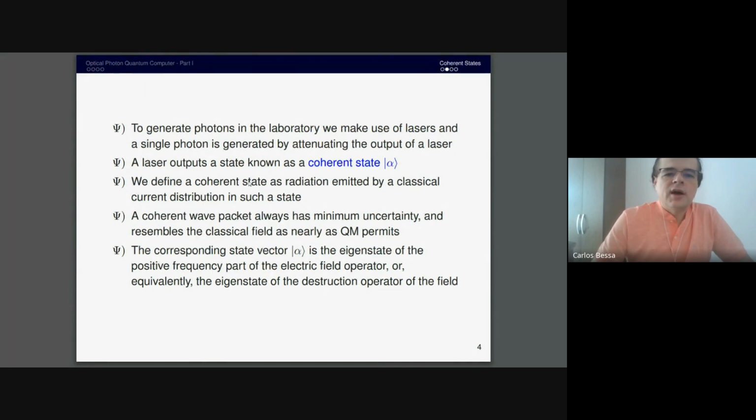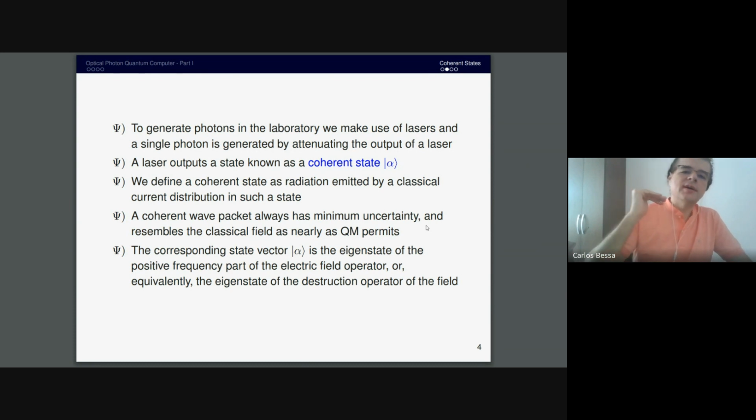We define a coherent state as a radiation emitted by a classical current distribution in such a state. And a coherent wave packet that is associated with the coherent state always has a minimum uncertainty and resembles the classical field as nearly as quantum mechanics permits.